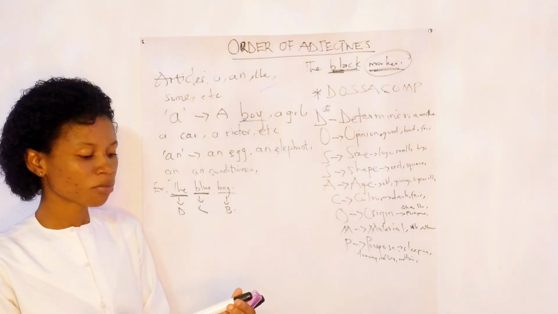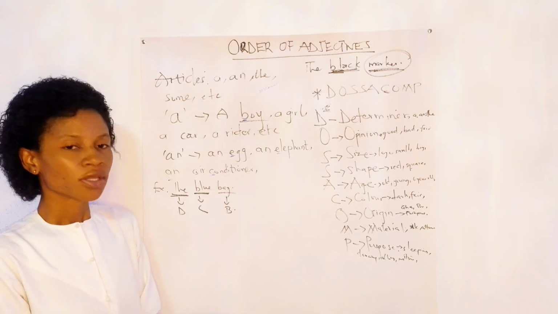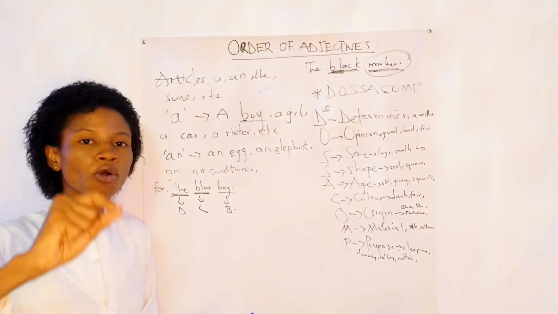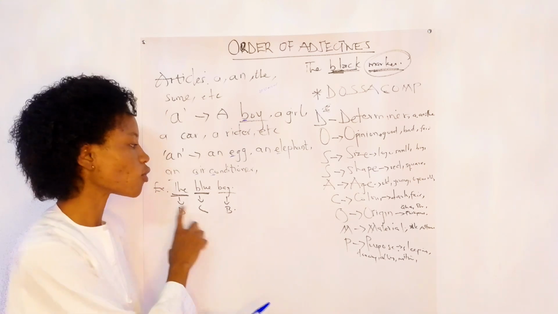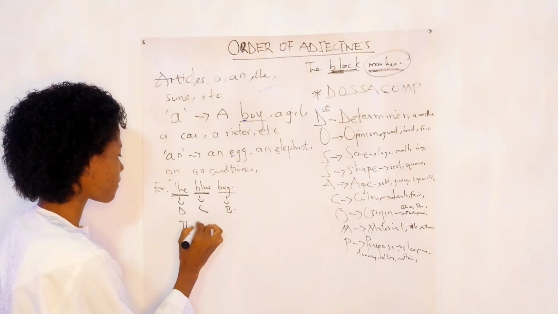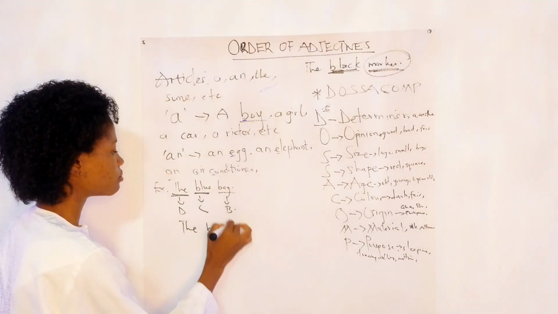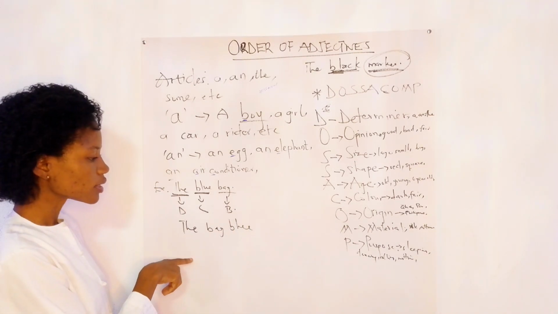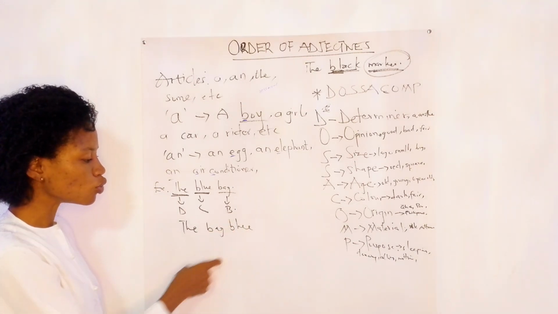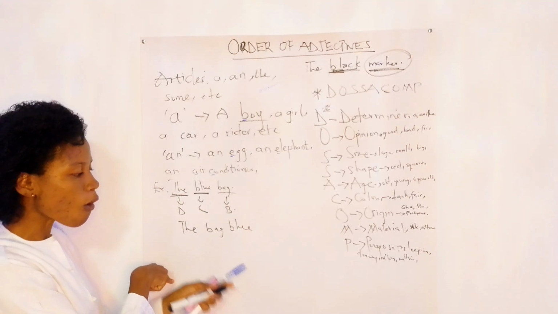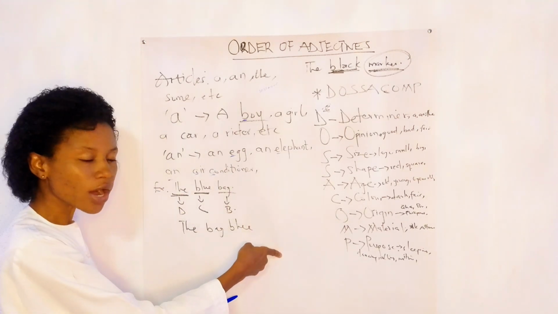Now, this is where most of the students get confused. In the exam, it will state, write the correct order of adjectives for this statement, and then this is what they're going to write: the bag blue. Now they've twisted the sentence. You know that blue as a color will come before the bag, which is a material.